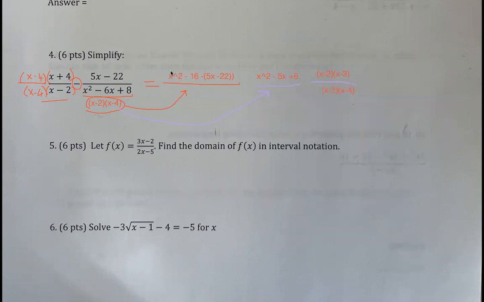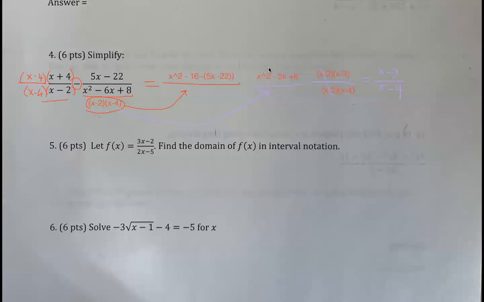We see we have a common factor in the numerator and in the denominator, which is x minus 2. So that cancels out. So the answer is just x minus 3 divided by x minus 4. Okay, that's the answer for 4.